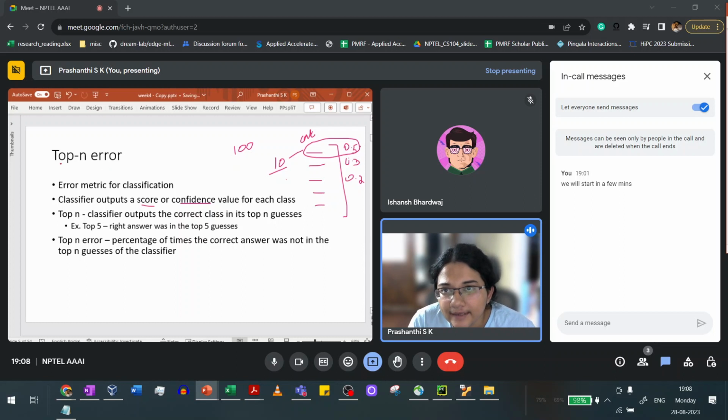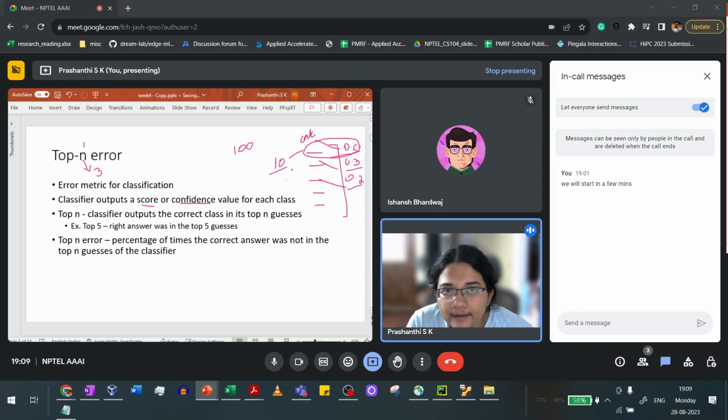Now think of top n as a kind of relaxed way of doing this. If I said top 1 error, basically this is what it would be. But in top n, let's give this n a value of 3. Now what I would do is see whether the correct answer is in my top 3 guesses of the classifier. So let's say the top guess was cat, the second guess was dog, the third guess was horse.